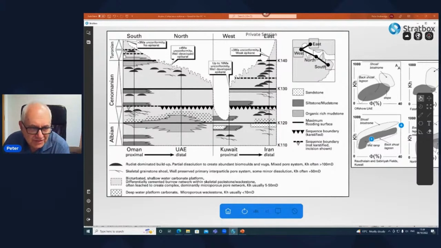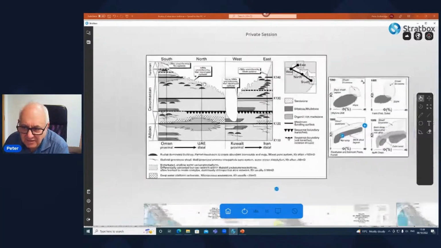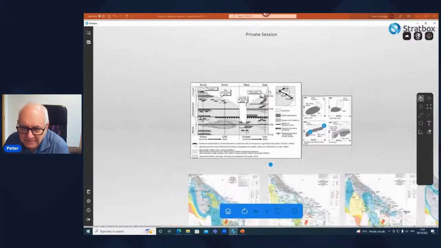And she demonstrated that it cuts down through these various Cenomanian sedimentary sequences. And also she demonstrated that the effects of exposure have a significant impact on reservoir quality.